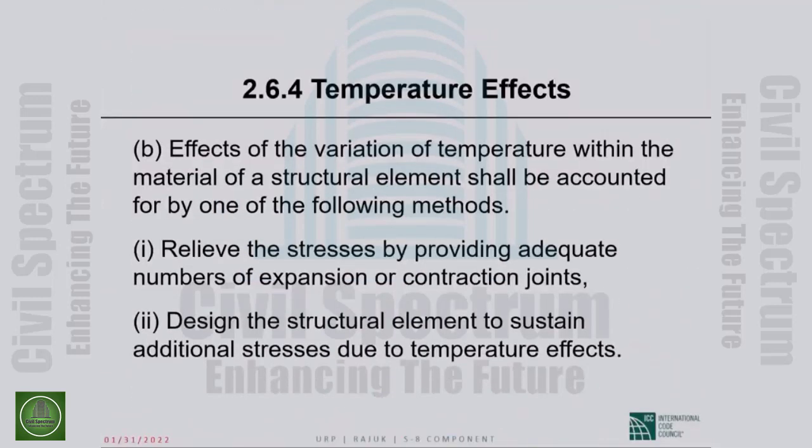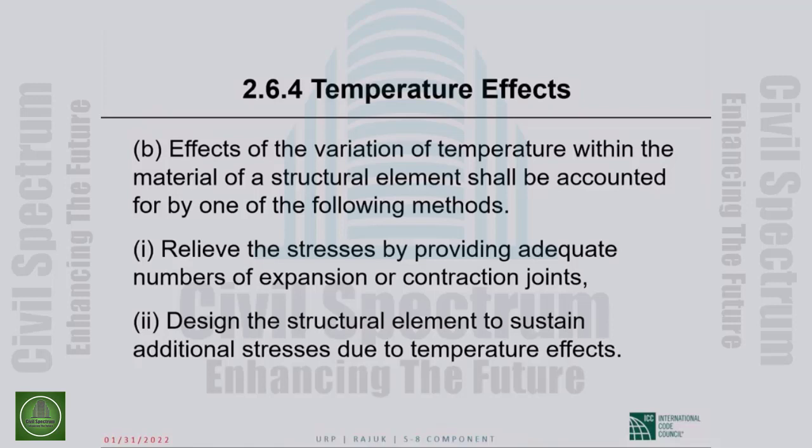Effects of the variation of temperature within the material of a structural element shall be accounted for by one of the following methods. Relieve the stresses by providing adequate numbers of expansion and contraction joints. This, I think, is very bad advice, because the joints are a headache to maintain through the lifetime of the structure.